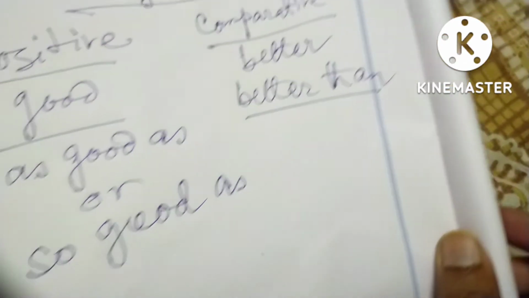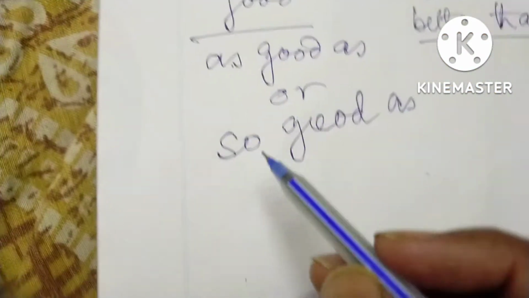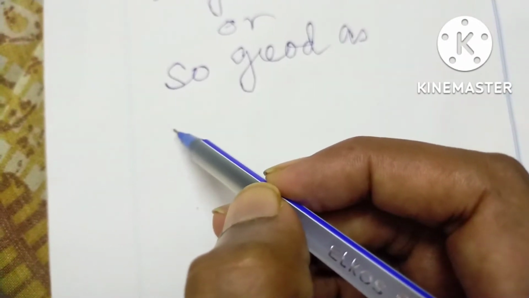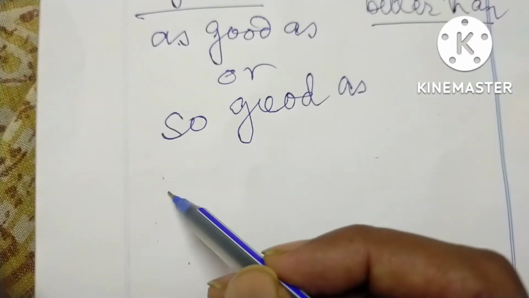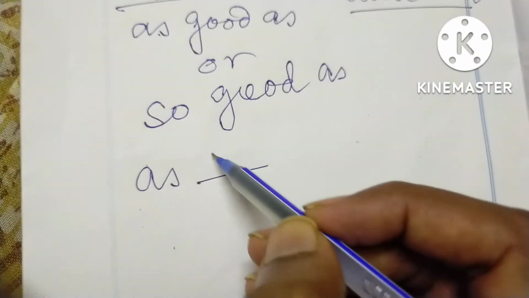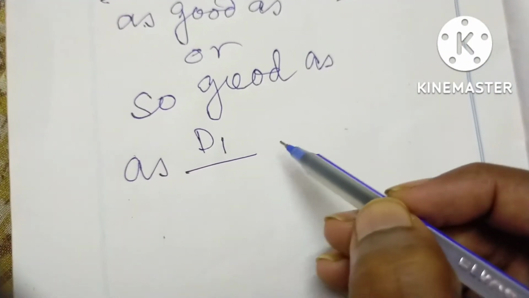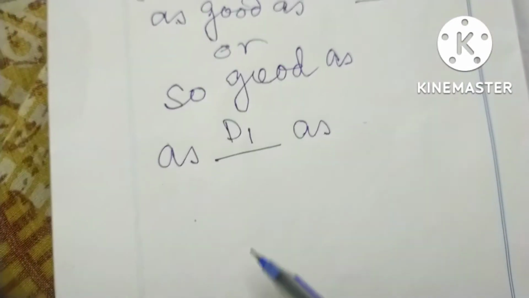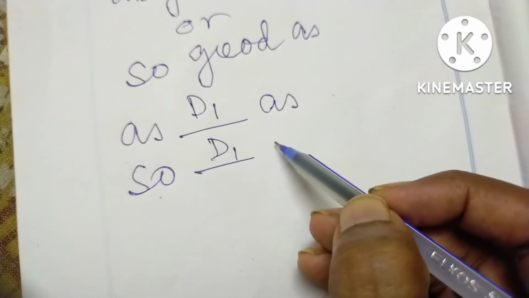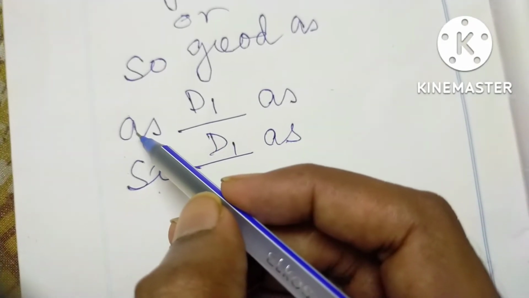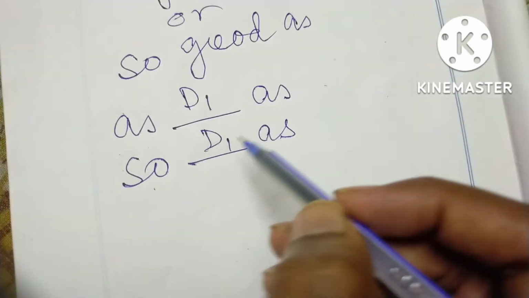So we can say that in the case of the positive degree, we use as, degree first form, as, or so, degree first form, as, that is, as good as or so good as.